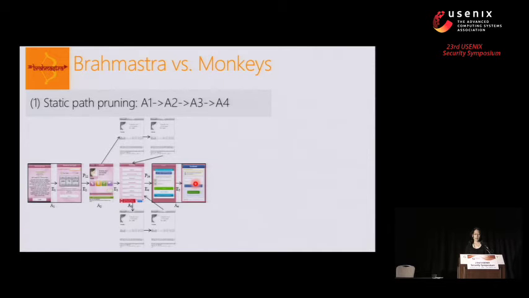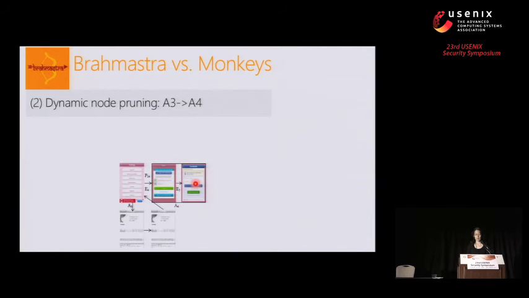And then we do further optimization. Since we can rewrite an app to do some navigation itself, we don't have to start from the first page. So in this case, we start from this node here, so that we only explore this small space.